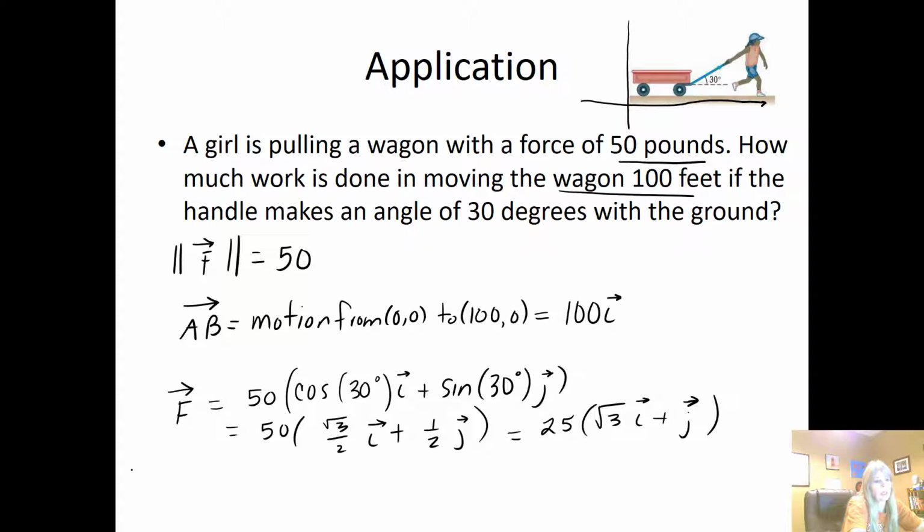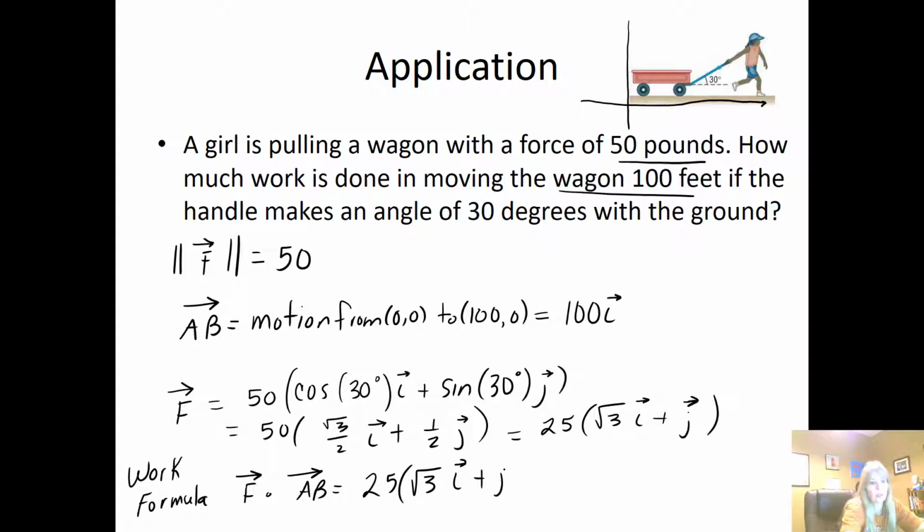And now we throw everything into the work formula. It says take what we just found and multiply it by that distance. So 25 square root of 3 i plus 25 j times 100i, simply multiplying out the i values.